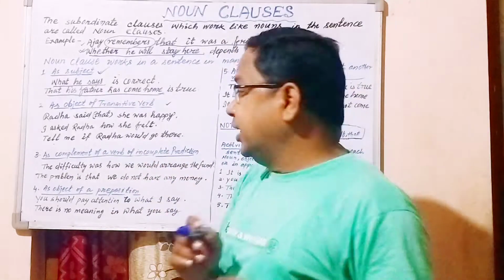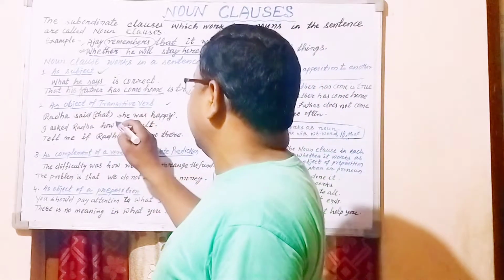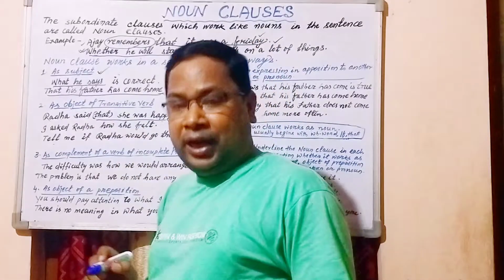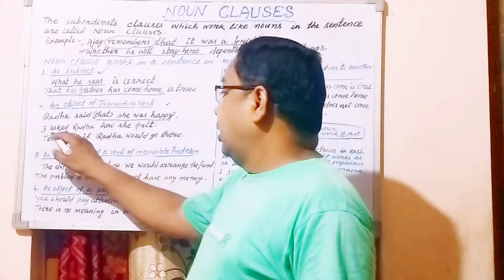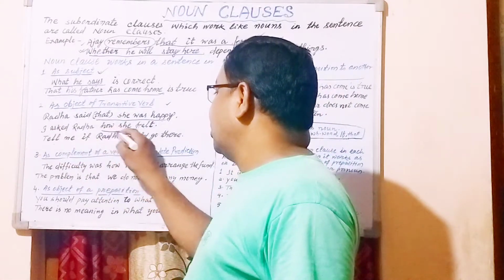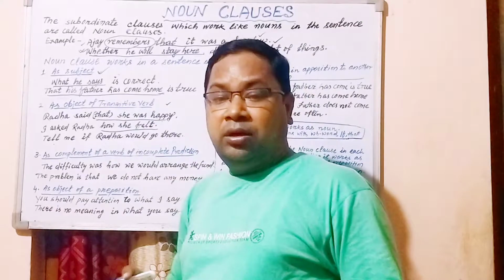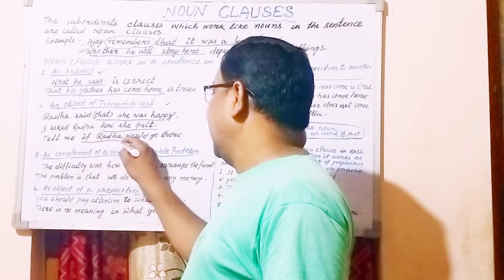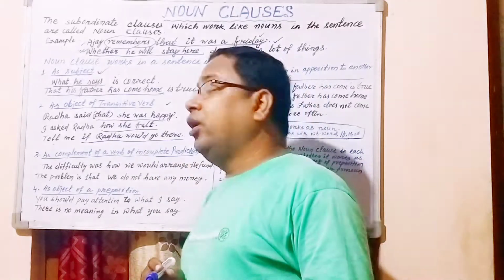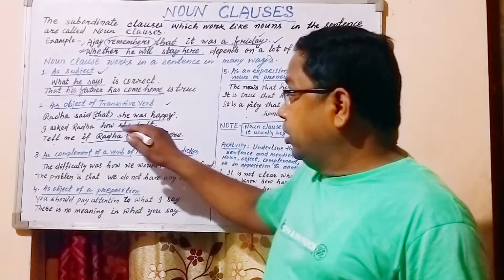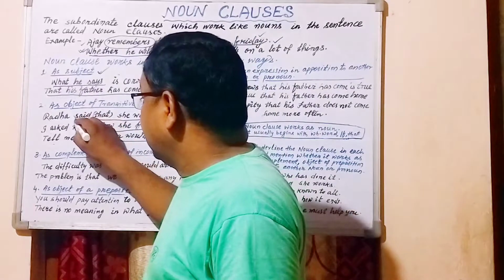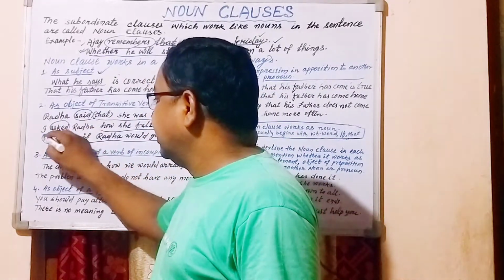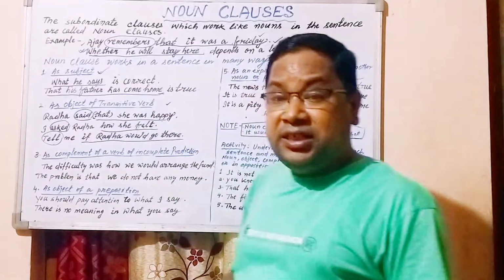In these three sentences, you see in the first sentence that she was happy is the noun clause, and in I asked Radha how she felt, how she felt is the noun clause, and in the last one, if Radha would go there is the noun clause. And you see here, said, asked, tell, these are the transitive verbs.